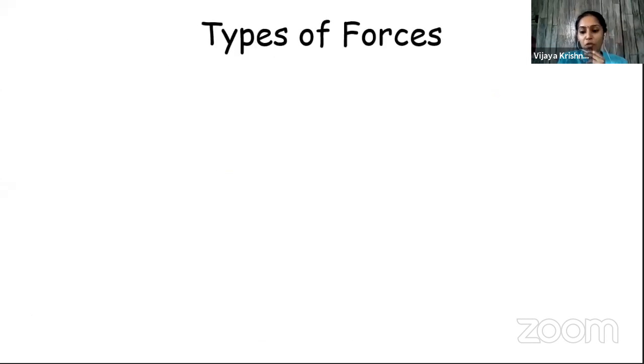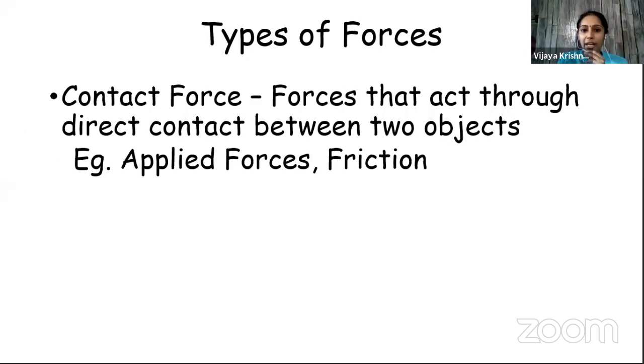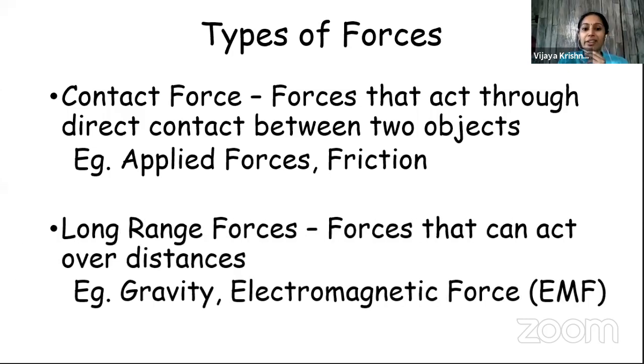Now, types of forces. There are basically two types of forces. One is the contact force, the forces that act through direct contact between two objects, wherein the forces have to touch the objects. For example, applied forces on any body, or friction which happens to motion. The second is long range forces. These forces can act over longer distances.